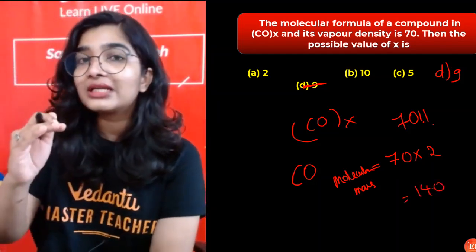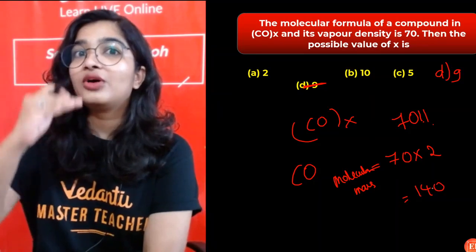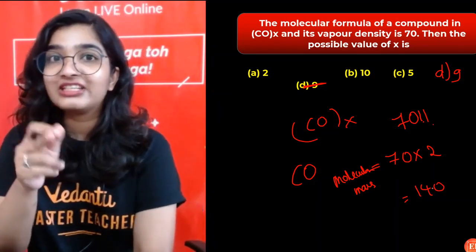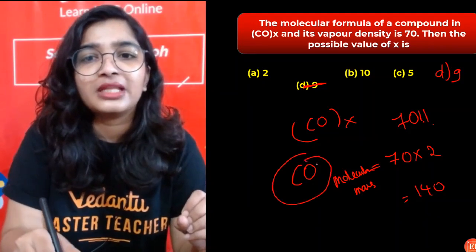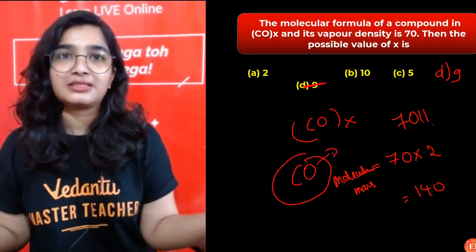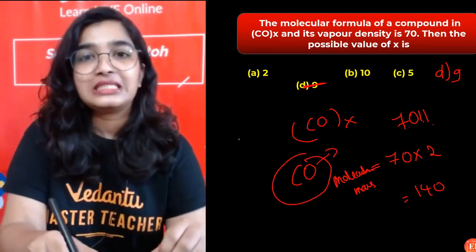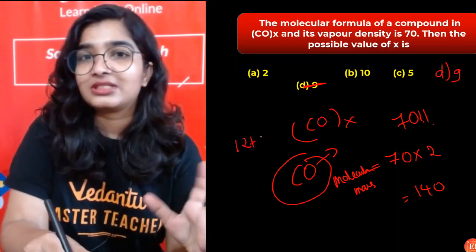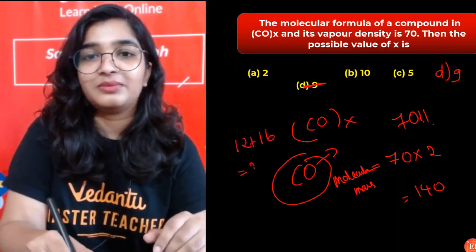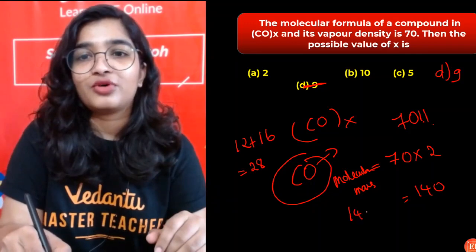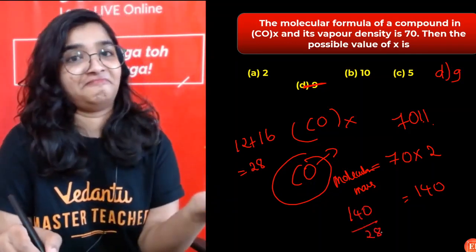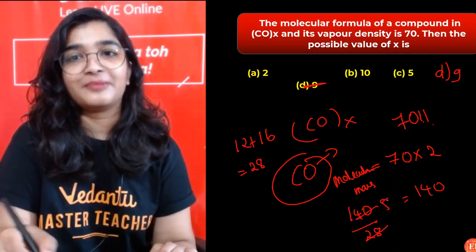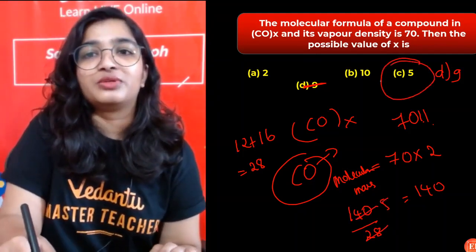And we know that molecular mass upon empirical mass will give us the value of X. Now, all we have to do is determine the formula mass. C is 12 plus oxygen is 16, that will be 28. So 140 divided by 28 is 5. So the right option would be C.